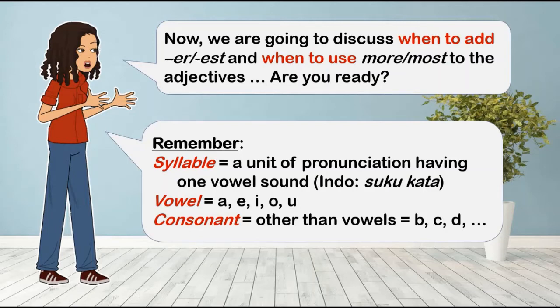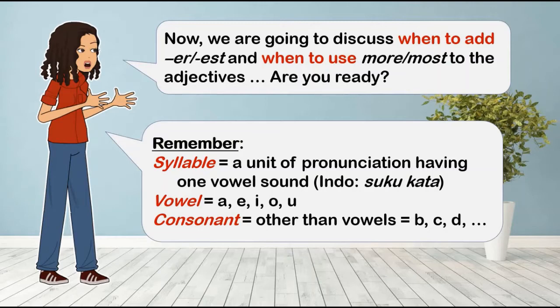Sixty, you have 2 syllables, six and ty. So those are syllables. And then we have vowels. The vowels are the alphabets with the vocal sound A, E, I, O, U, while the consonants are the alphabets other than the vowels, like B, C, D, F, G, etc.